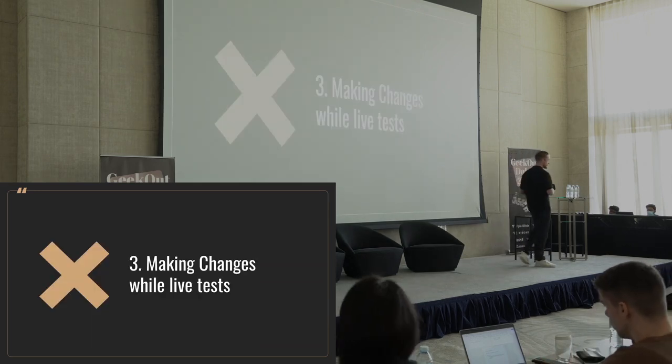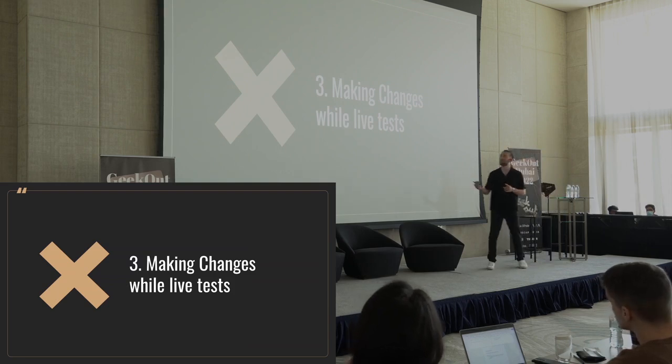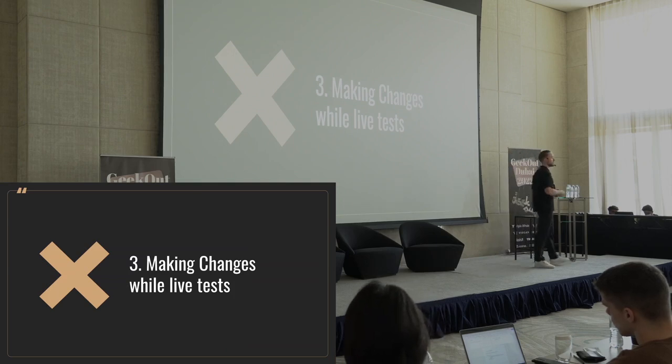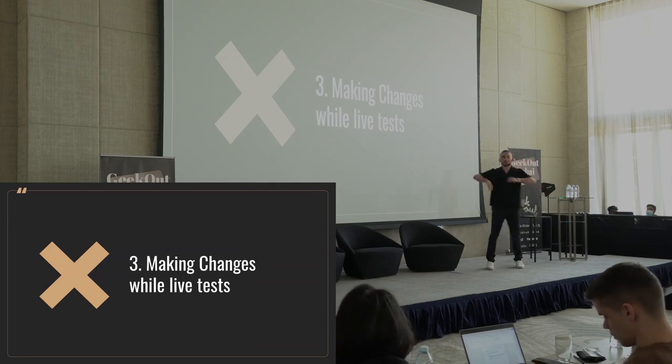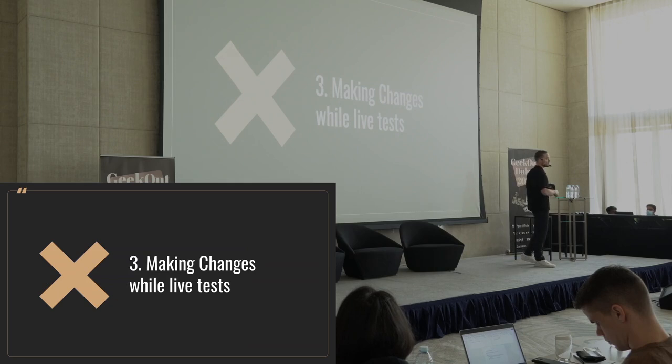And lastly, huge thing, and I also get asked this by a lot of clients, is making changes while tests are live. So let's say we are testing something on the product page and then somebody wants to just create a new layout or a new design or whatnot. This will mess up your data because then you don't really know where the result is coming from.